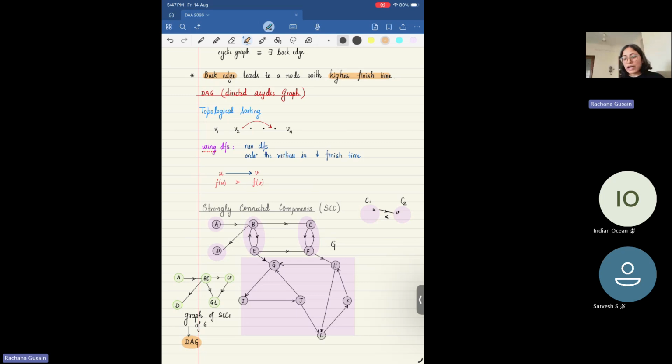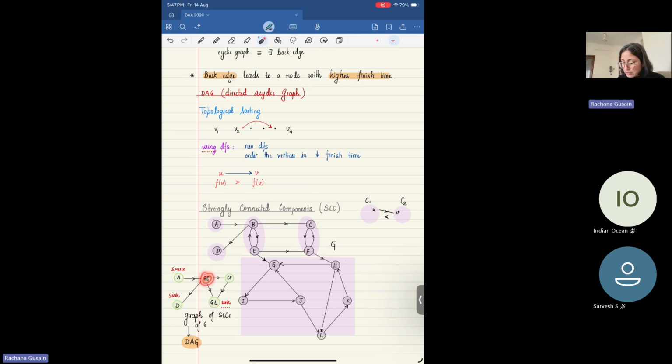Now, since it is a DAG, it must have source and sink vertices, at least one source vertex and at least one sink vertex. So for instance, over here, A is a source vertex. There are no incoming edges to A. D is a sink vertex. There are no outgoing edges from D. G to L is also a sink vertex.